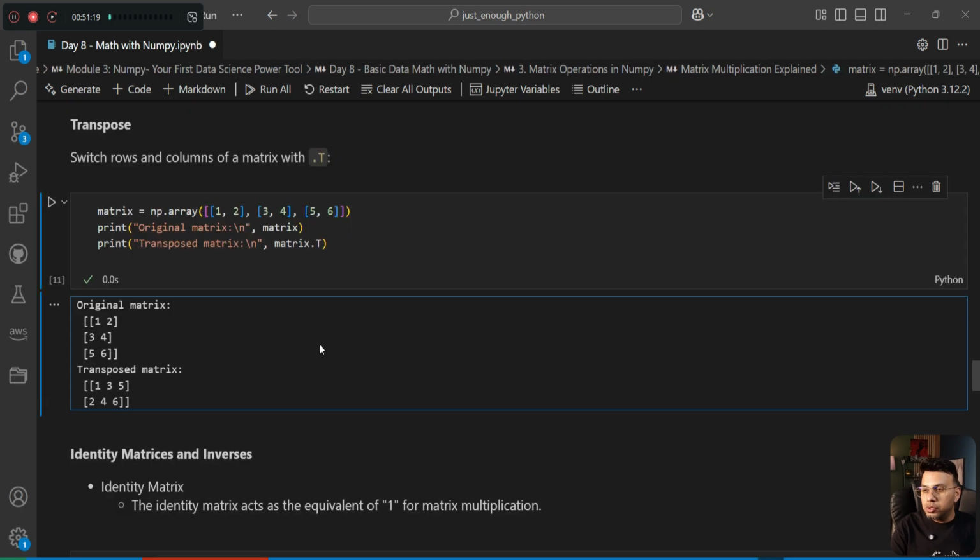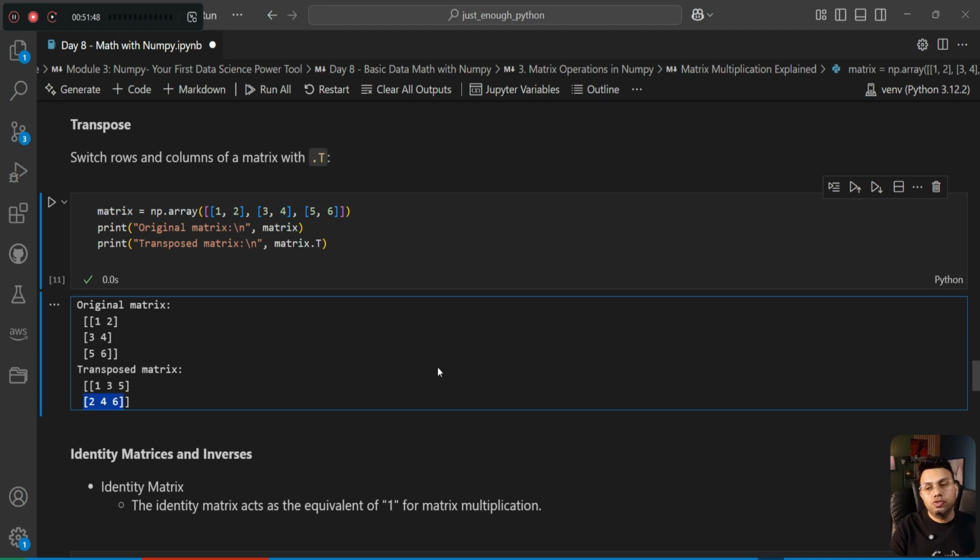So if you look at the original matrix, it has 3 rows and 2 columns. Our first row was 1 and 2, second row was 3 and 4, and then the third row was 5 and 6. After transpose, our first column, which is 1, 3 and 5, becomes our first row, and then the second column, 2, 4 and 6, becomes our second row.